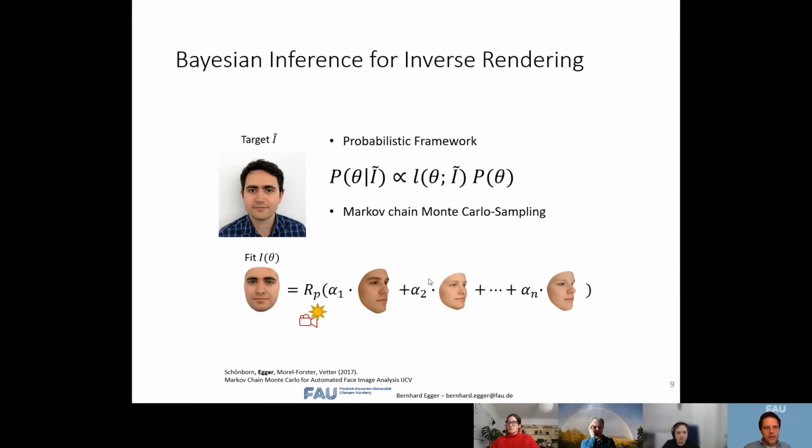The method that we are using is a probabilistic one. It's a Markov chain Monte Carlo sampling method, but there are various different methods that were tried out in the last 20 years for how you can solve that problem. And of course, neural network-based methods are also heavily used at the moment to solve this problem.